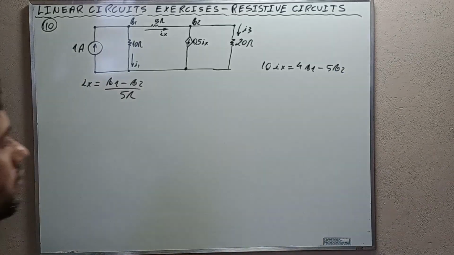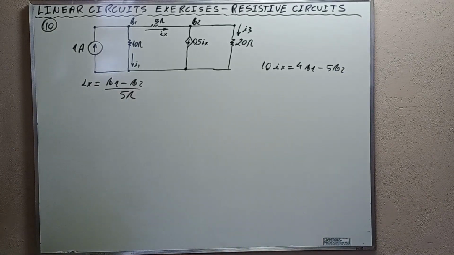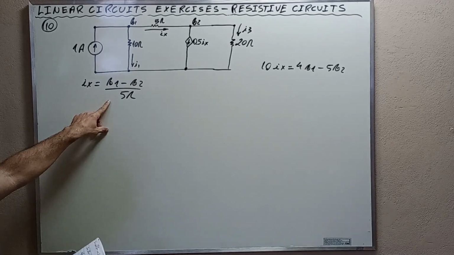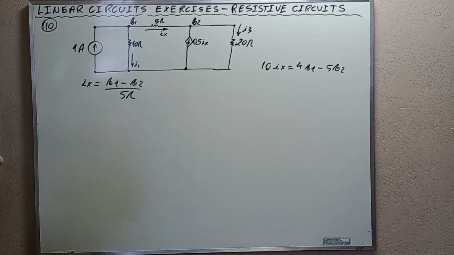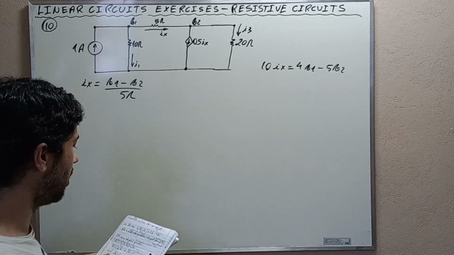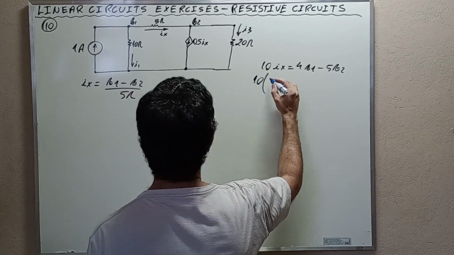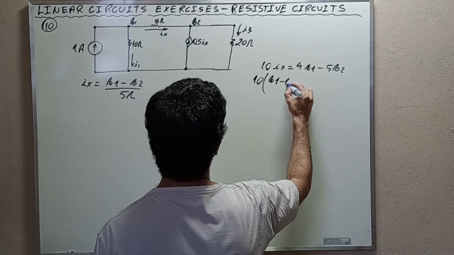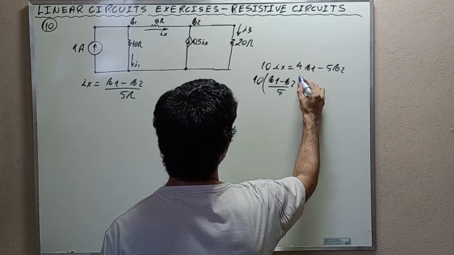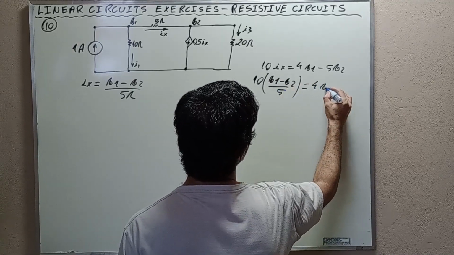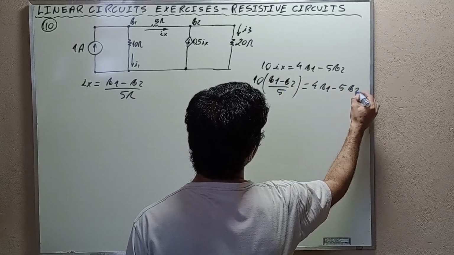I had written this equation there, and we are going to use that Ix is equal to V1 minus V2 divided by 5 ohms. Then 10 times (V1 minus V2) divided by 5 is equal to 4 times V1 minus 5 times V2.